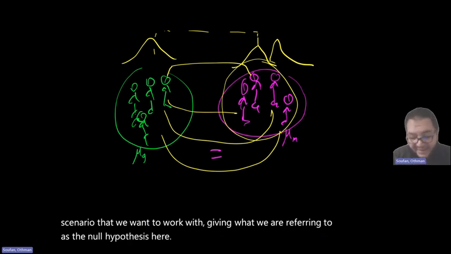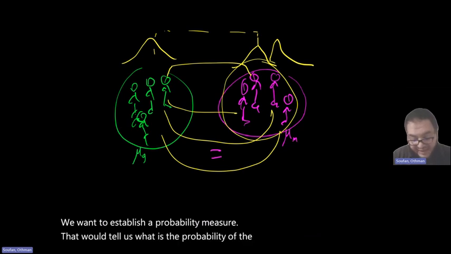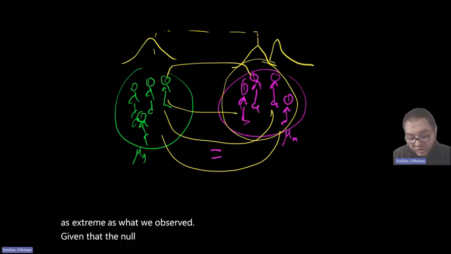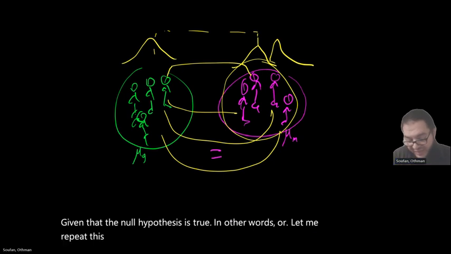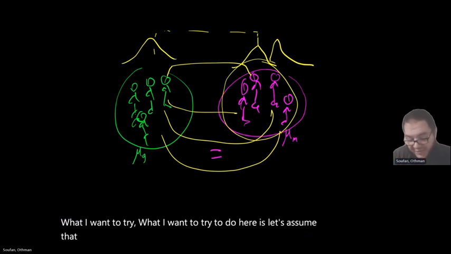We want to establish a probability measure that would tell us the probability of the data being at least as extreme as what we observed, given that the null hypothesis is true. Let me repeat this. Let's assume that they are equal.